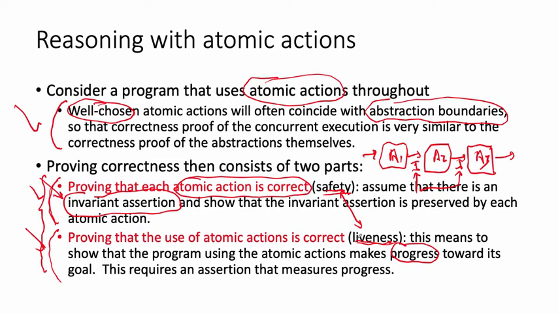So, like driving on a street, safety means that you are obeying the traffic code, so you will stop at the red lights and you will always ride in the right way according to legal traffic rules. But it does not mean you reach the destination. So liveness means you actually will go and reach the destination. Okay, so you need both. But this actually is very practical. This now becomes practical with large atomic actions.